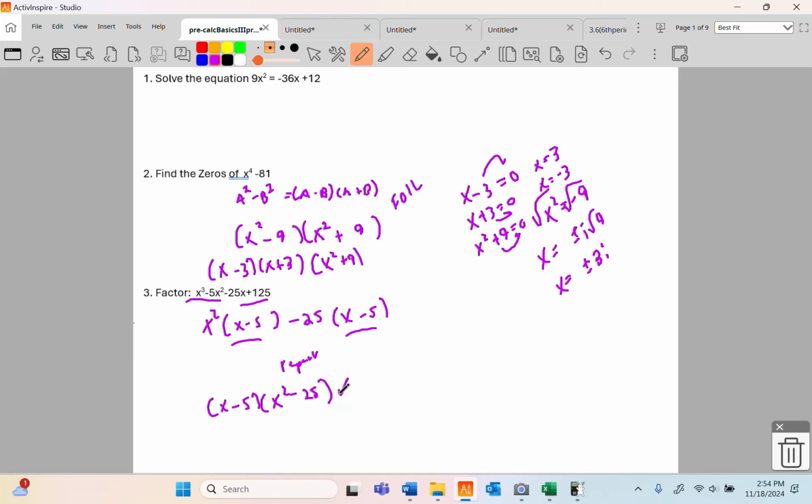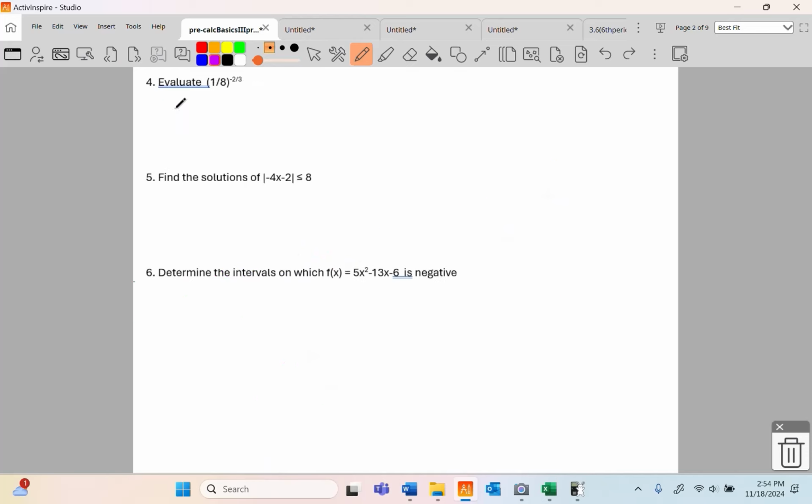This is a factorization. It'll probably be multiple select. x squared minus 25 factors as x minus 5 times x plus 5. And that's a good factorization, and this could actually be written as x minus 5 squared because that factor happened 2 times. Also a good factorization. Lots of things going on there.